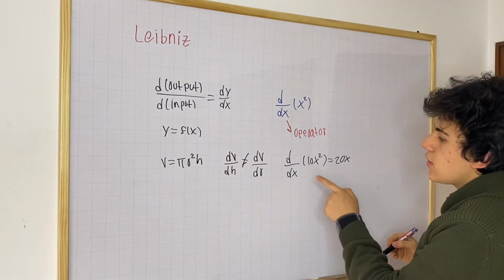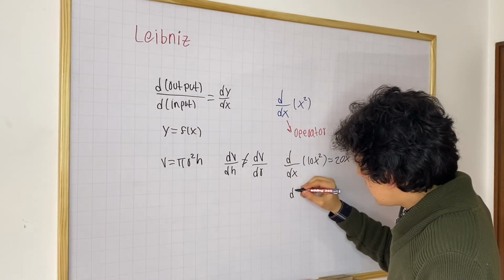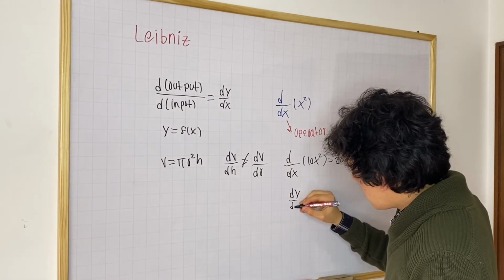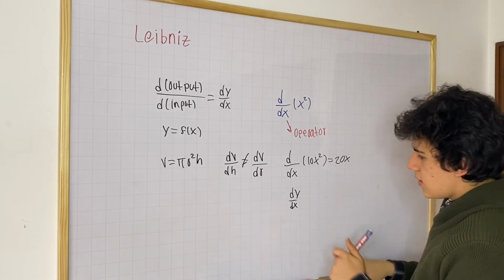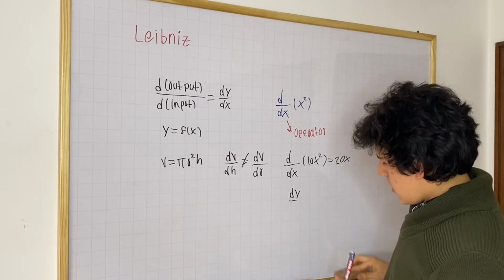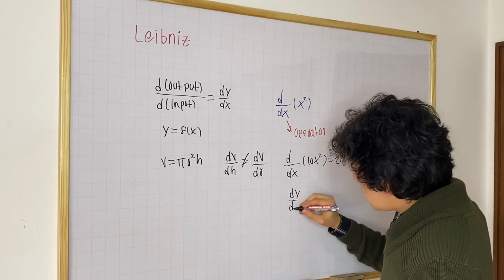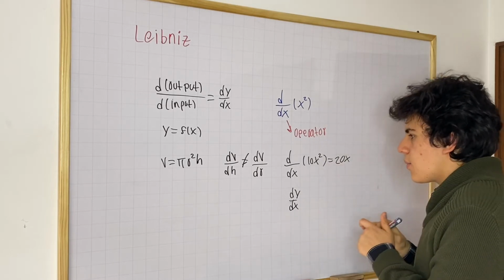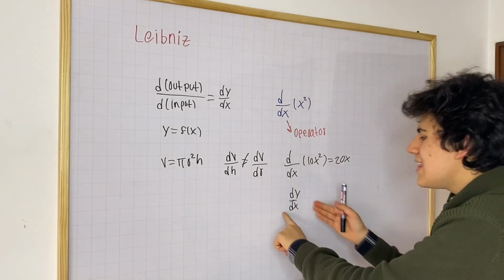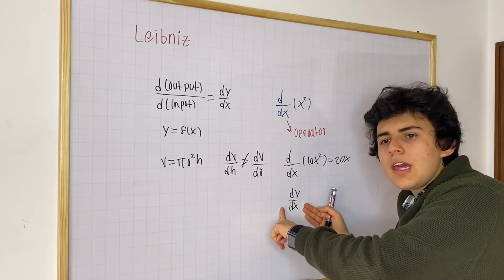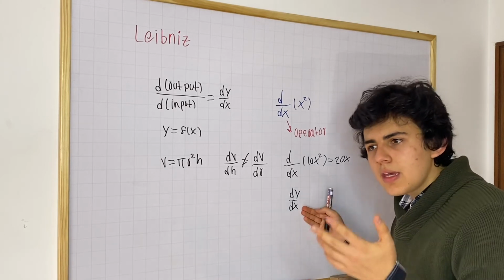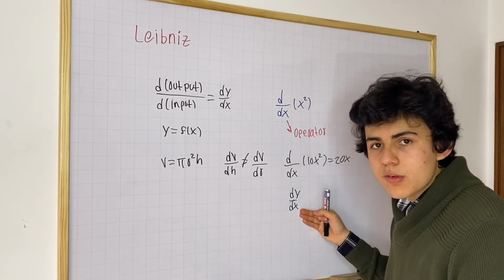Now, there is a difference with this and this. That is a bit small, but you guys see it. Actually, let me write it again. So there is a difference with this and with this thing in the bottom. This is an operator, and this is technically a variable, or maybe a quantity or a value that represents something.